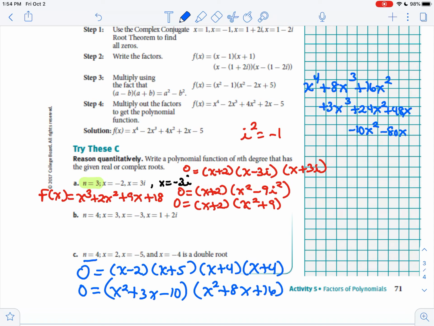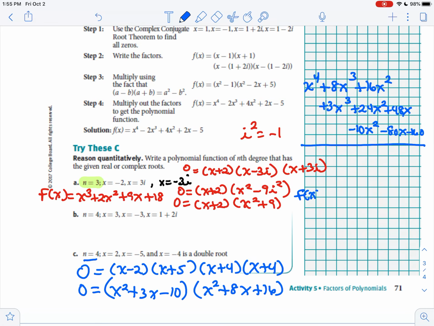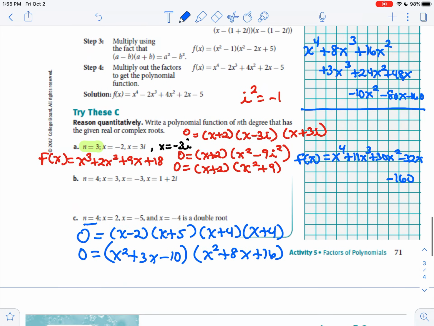And -10 times 16 is -160. So now if I add up all those terms together and I set it equal to f of x, I should have it. So I'm going to have x to the 4th plus 11x cubed, plus 30x squared, minus 32x, minus 160. And that is a polynomial with 4 zeros, one of which was a double root.